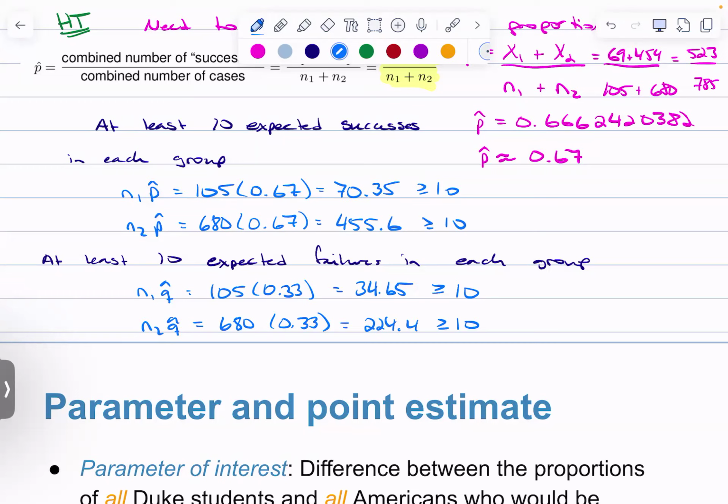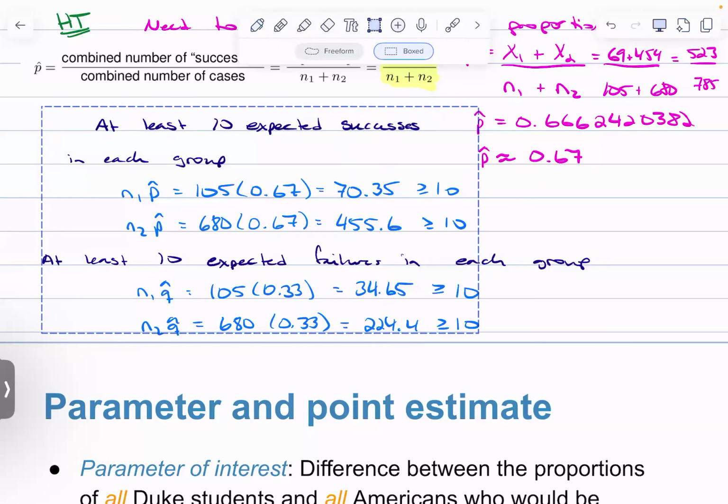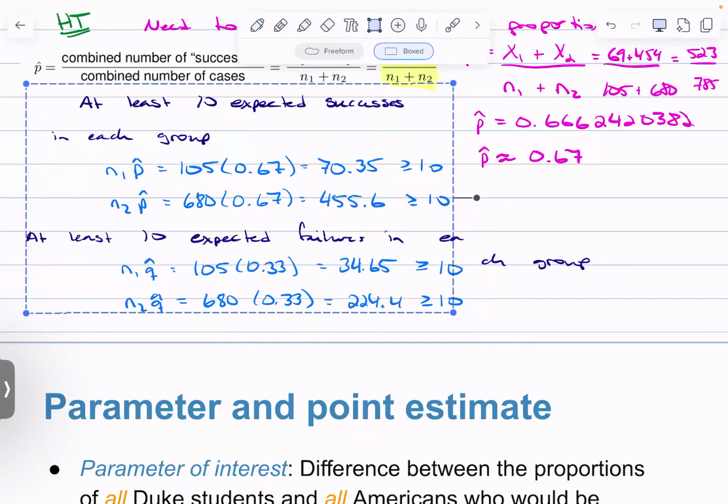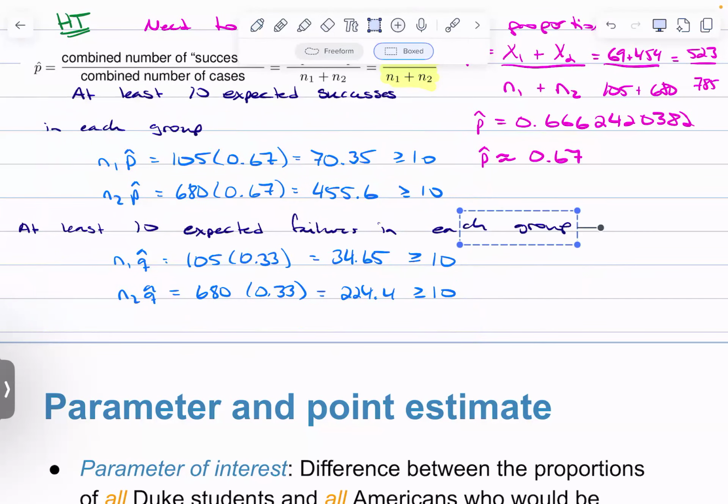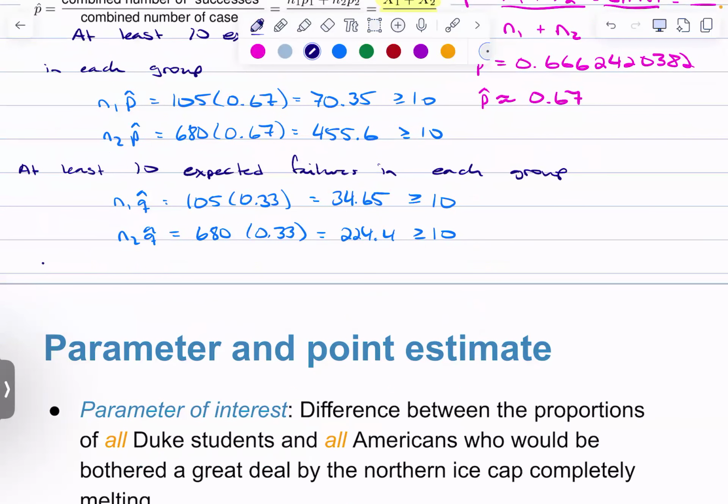Therefore, the conditions for inference are satisfied.